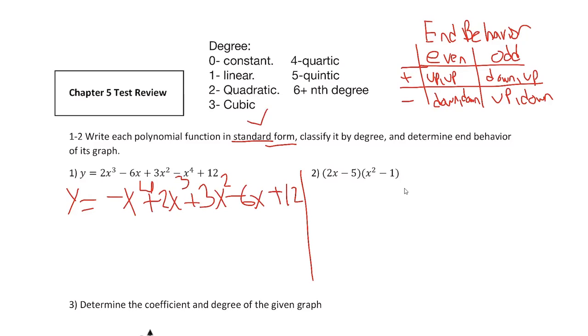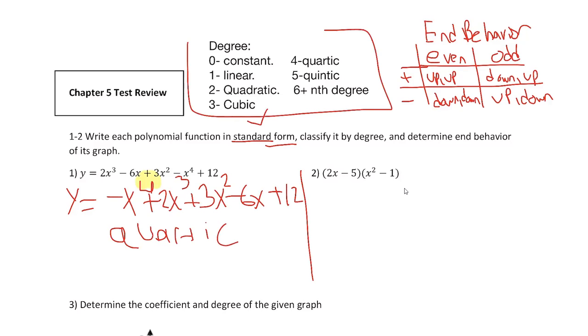The next thing they want us to do is classify it by its degree. Remember your degree, you look at your highest power in your function or equation. So this is a fourth power, and the proper way we would classify that is called a quartic function. And I wrote down the names of degrees up here. Keep in mind, if it gets bigger than a fifth degree, like if you had a sixth power, we usually just say it's a sixth degree function or a seventh degree function.